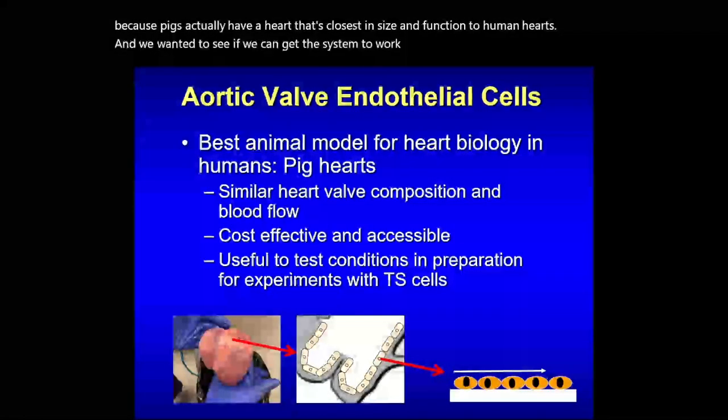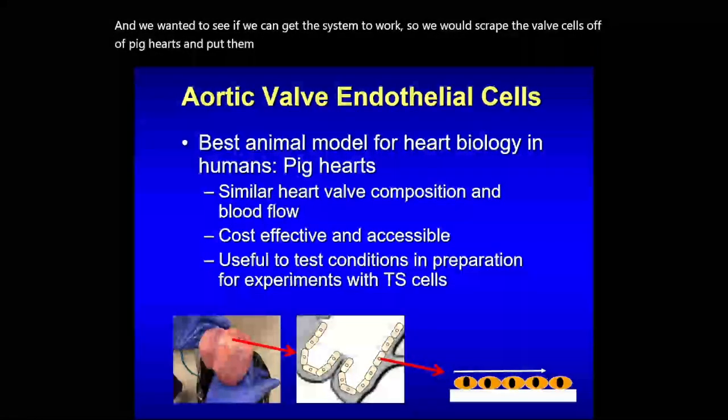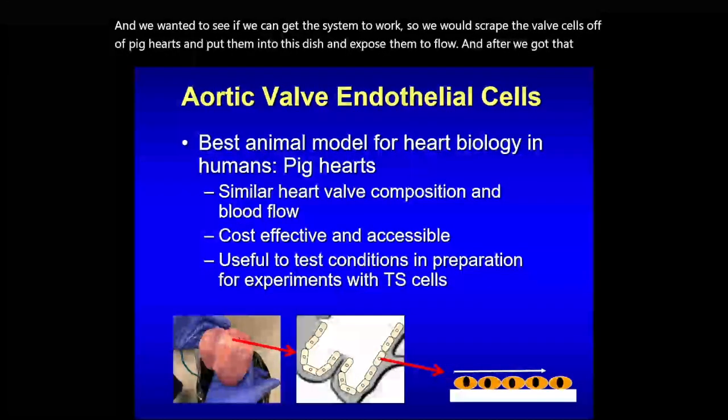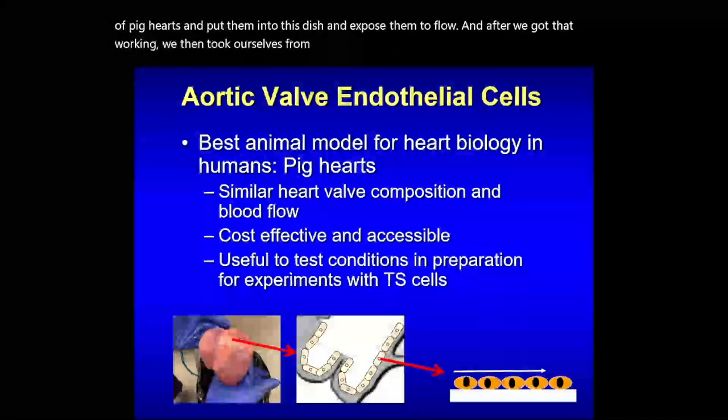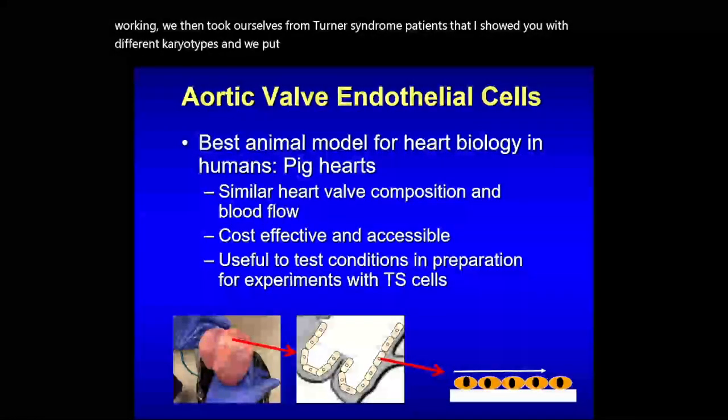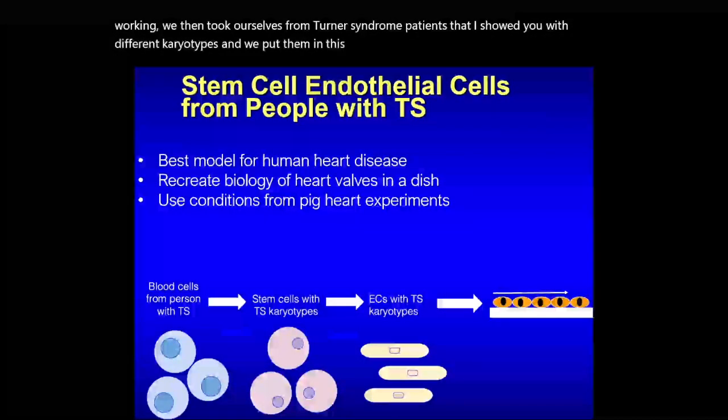So we would scrape the valve cells off of pig hearts and put them into this dish and expose them to flow. And after we got that working, we then took our cells from Turner syndrome patients that I showed you with different karyotypes, and we put them in this dish. So this is how we did it.